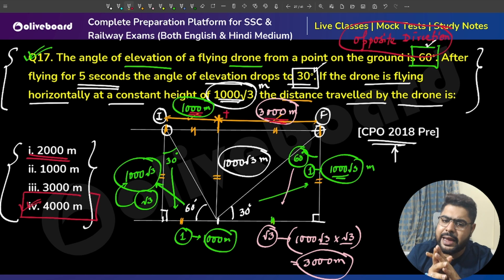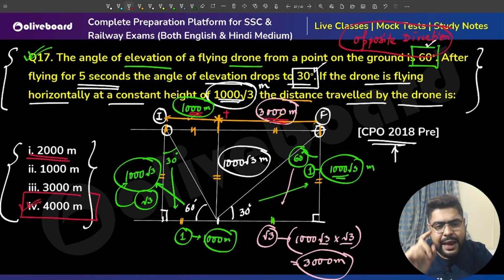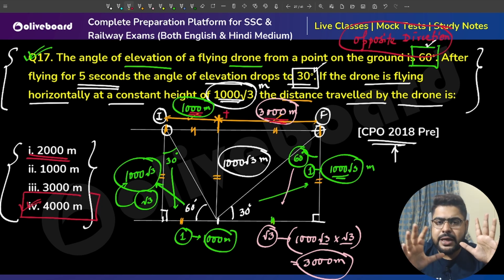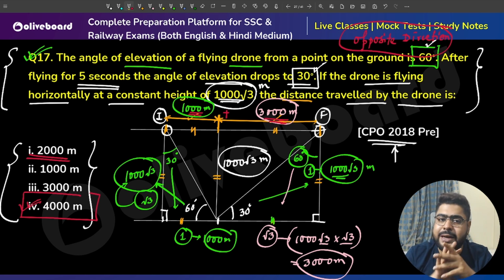Mostly it will be that 30 60 90 triangle, which is generally used most of the time in your exams, be it SSC, be it RRB exams. NTPC is also very near. So in all the exams you will get questions from this, which you can solve if you have mastered this. But it will take some practice and effort from your end to master.